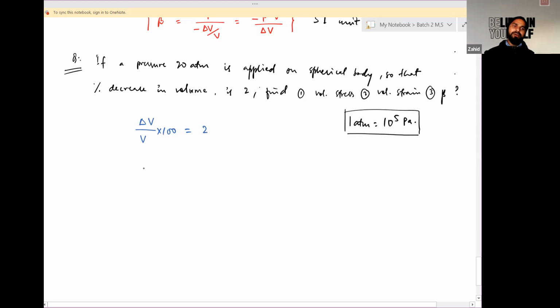So we have to find only delta V by V. So just move this 100 to the other side. So it will be 2 divided by 100, or 2 into 10 to the power minus 2. Since volume is decreasing, they have a negative sign and a negative sign. Now apply the formula and try to find.